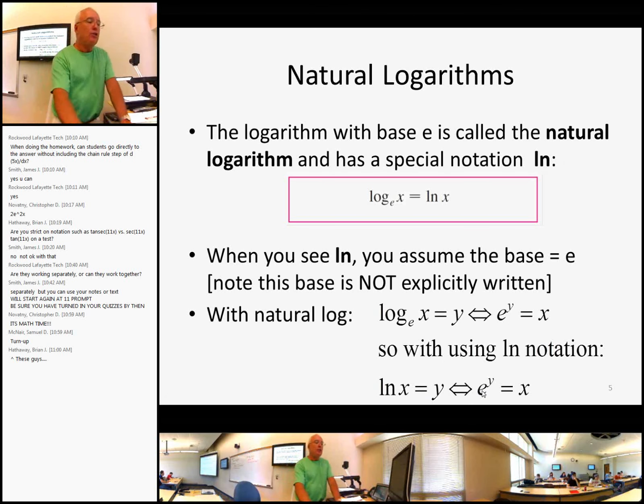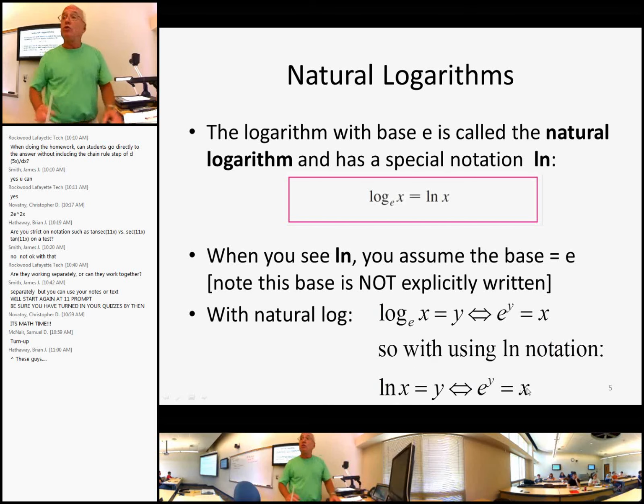And you can get this very same thing by using the spiral. With the ln of x here, we have a base e that is not explicitly written. If we use the spiral, we go from e, go to y, so that's e to the y power, finish off our spiral with the x. E to the y equals x.